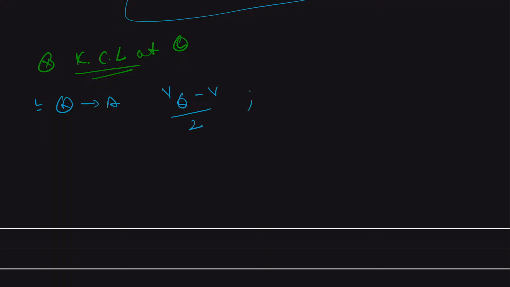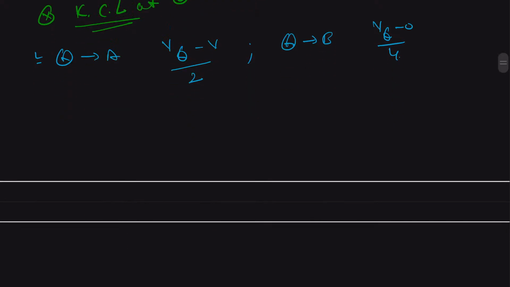And then we can write from Q to B, and that will be our Vq minus 0 upon 4. And finally we are having Q to P, and this Q to P will be giving me Vq minus Vp upon 1.